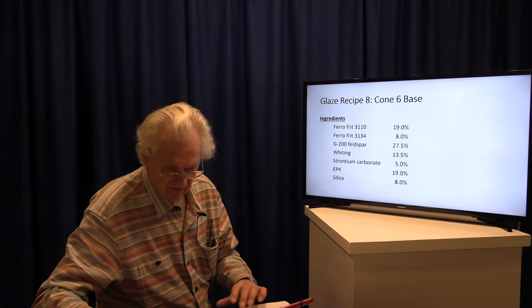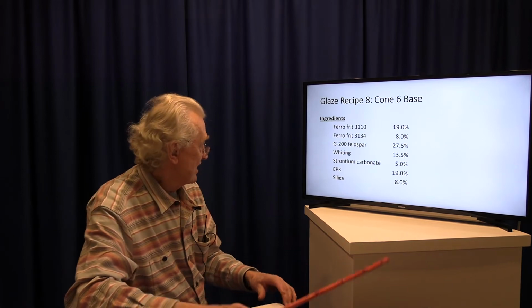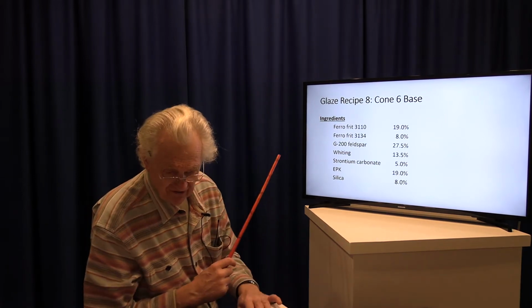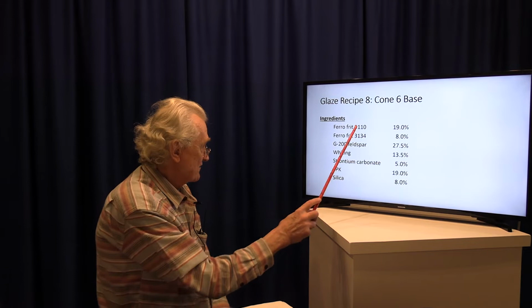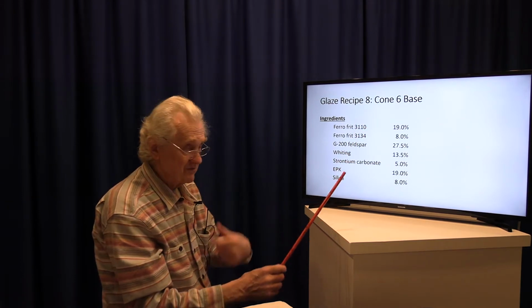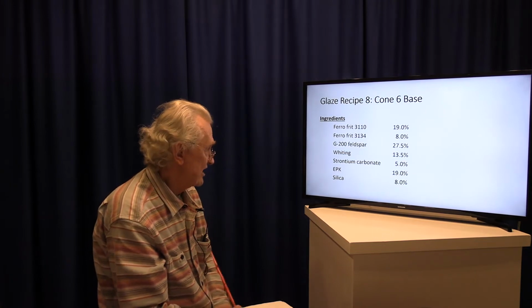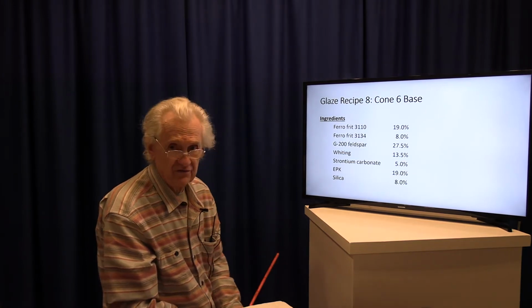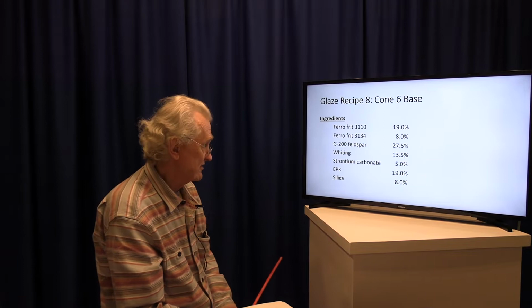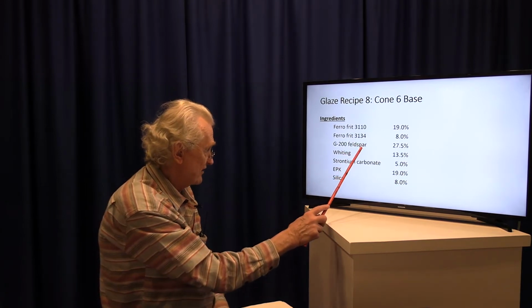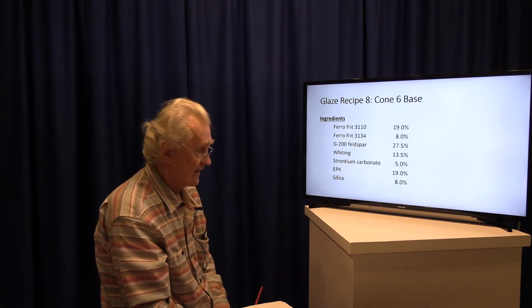Okay. And finally, here's another recipe. This is just, I'm just calling this again a cone 6 base. Ferro Frit 3110, there's that high sodium frit again. 3134 is kind of the substitute for Gerstley borate. Chemically, it's very similar to Gerstley borate. G200 feldspar, that's a potash feldspar.